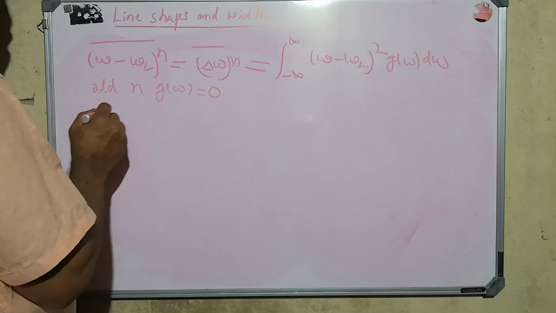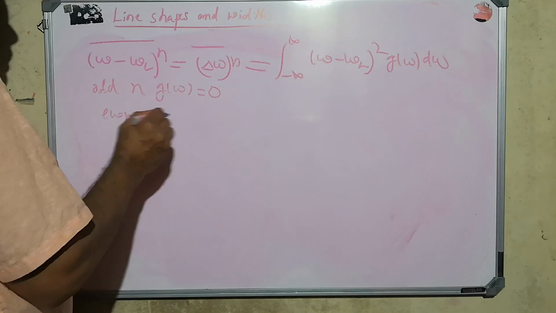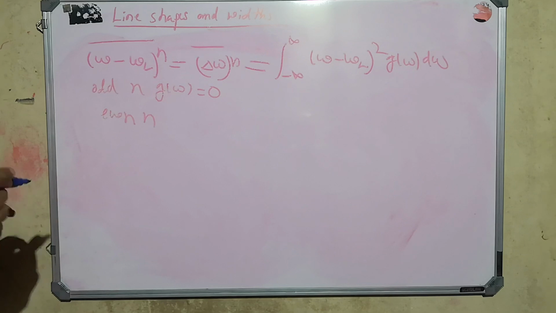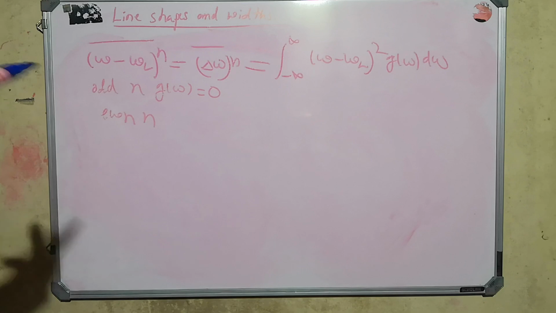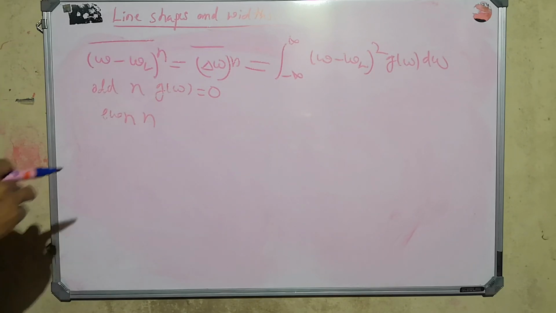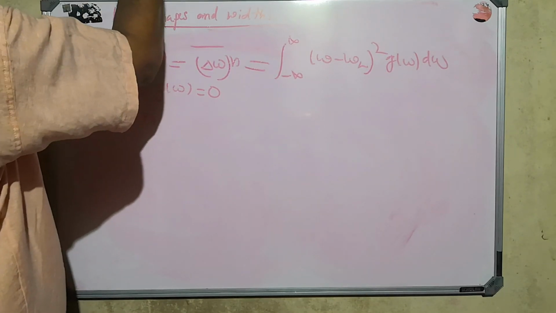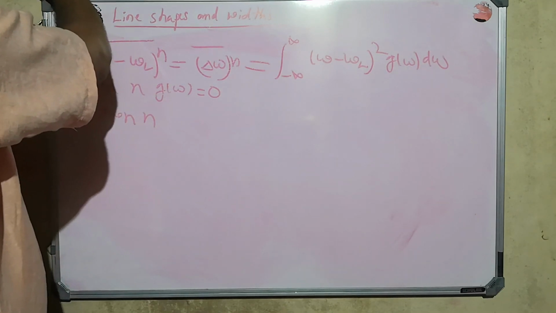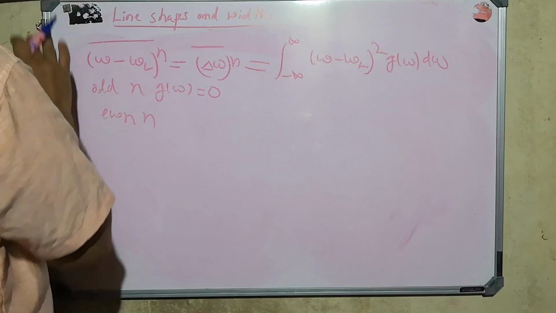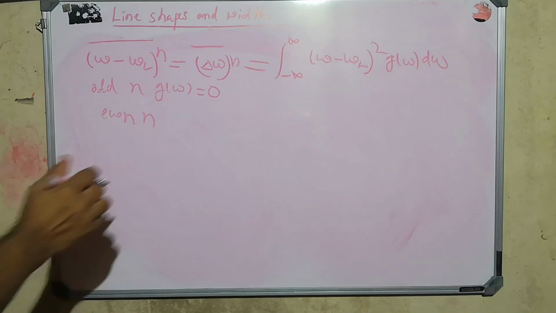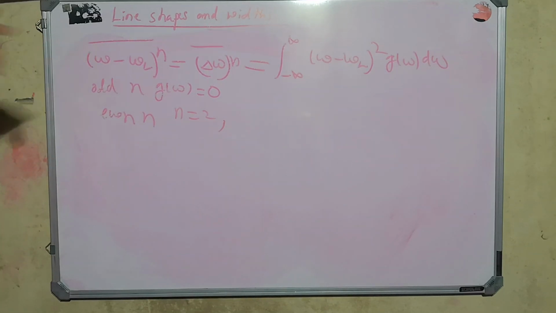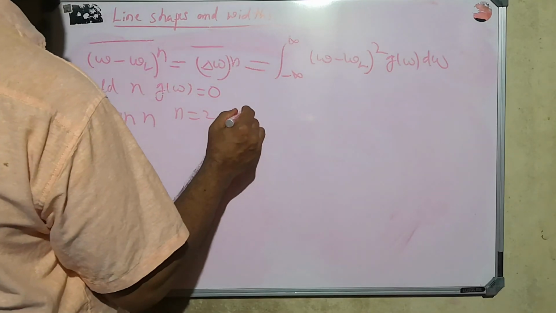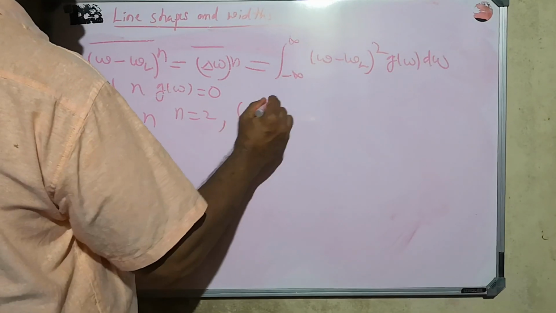So only for even n the magnetic moment, that means you can consider the magnetic moment of second, fourth, sixth order. Now using this concept, say for n is equal to 2, the value of omega minus omega L can be taken as delta omega whole square.